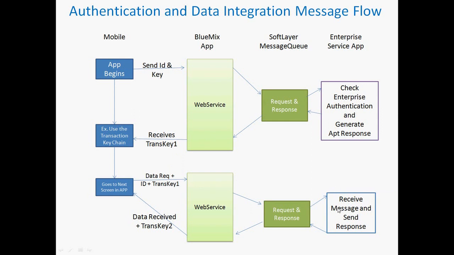The next stage is very similar, except that here the data is being used. What is being mentioned here is that every message that comes back could have some additional transaction key that can help ensure that this is the right person who is aware, because there's only one entity that can take the key.